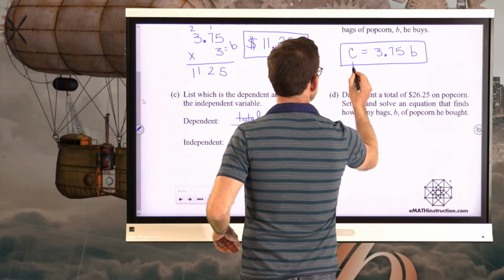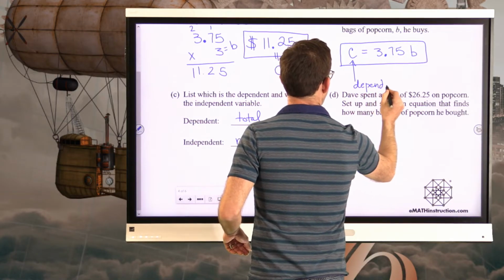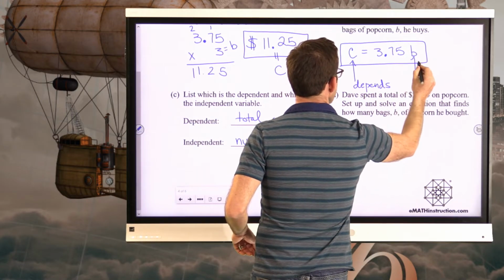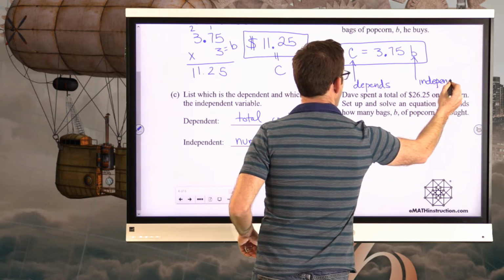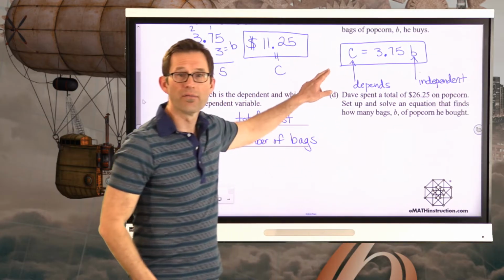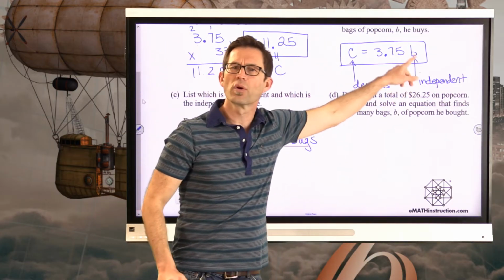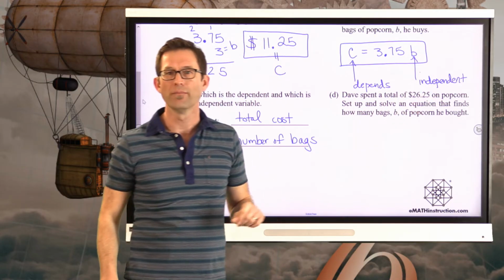Literally, we are saying to you that this depends on this. So whichever the formula is sort of solved for, you can think of that as being the dependent variable. And the one that's sort of involved in the formula, that is the independent variable.